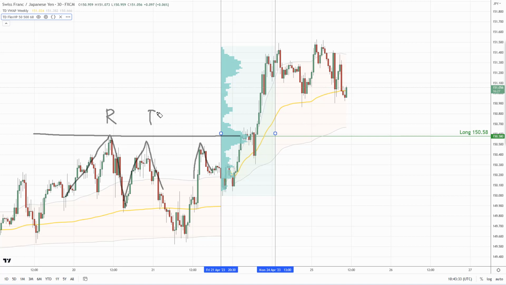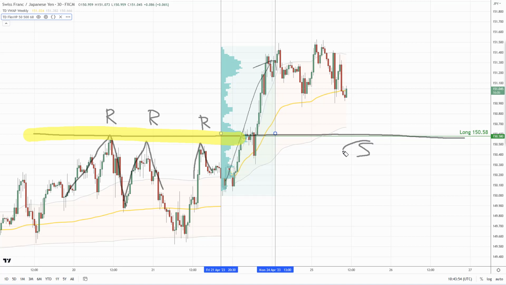So this general area worked as a resistance in the past, right? Now, when the price finally blew past that resistance in here, the resistance turned into a support, right? That's what happens when a strong resistance is breached: it becomes a support.